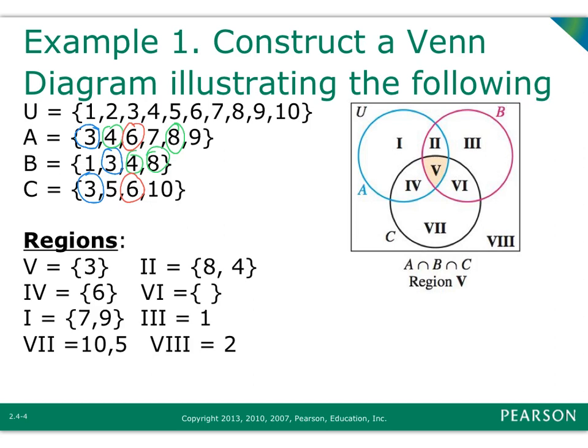And then for just the part in region 1, for example, we just have 7 and 9 left.